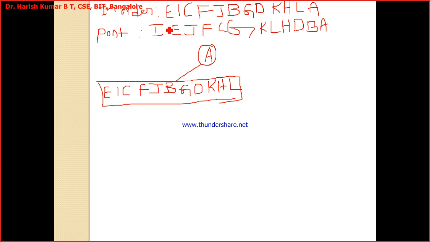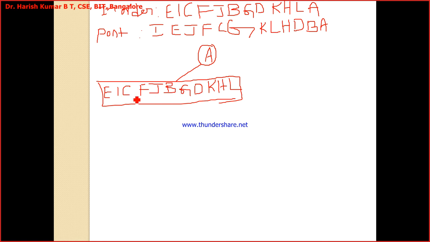Check here, compare these characters with these characters. All of them are there. I is here, and then E is also there. Then J is also there. F is also there. C is also here. I have G here next. G is also here, and then K is also there. L, H, and D. And B is also there.